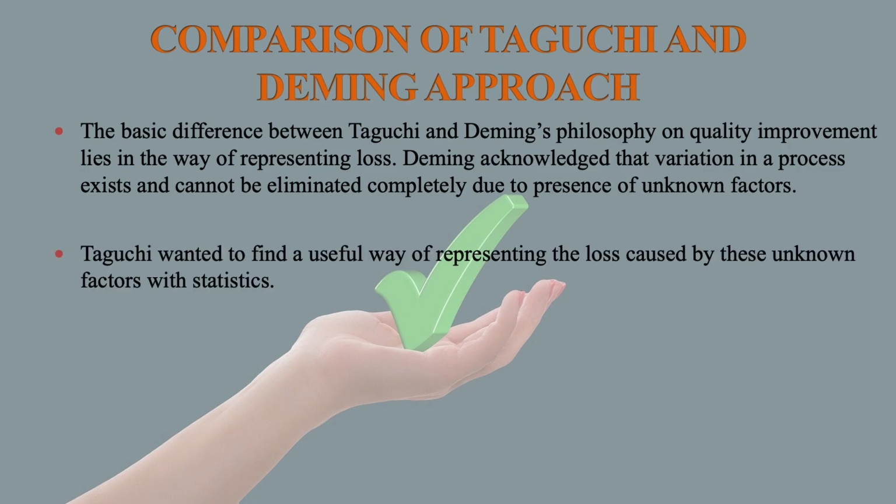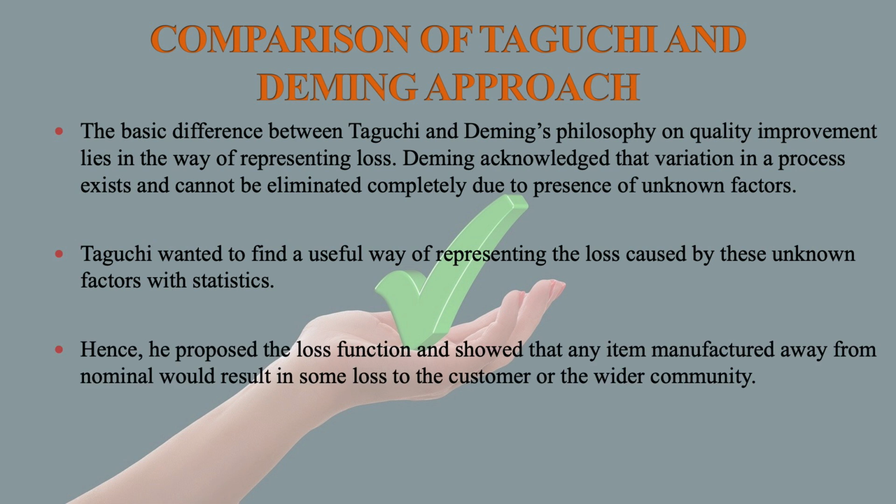Taguchi wanted to find a useful way of representing the loss caused by these unknown factors with statistics. Hence, he proposed the loss function and showed that any item manufactured away from the nominal would result in some loss to the customer or the wider community.